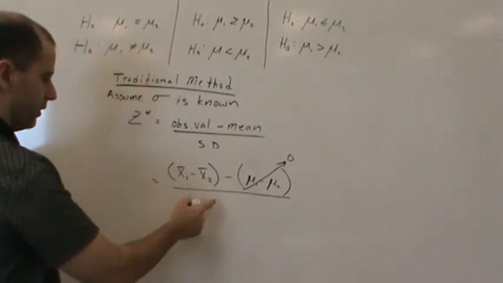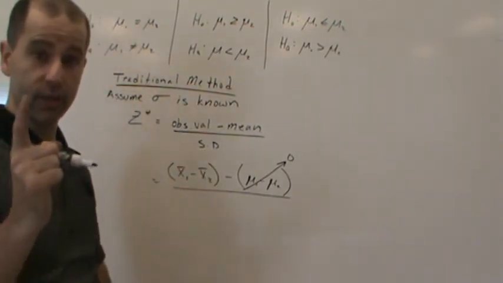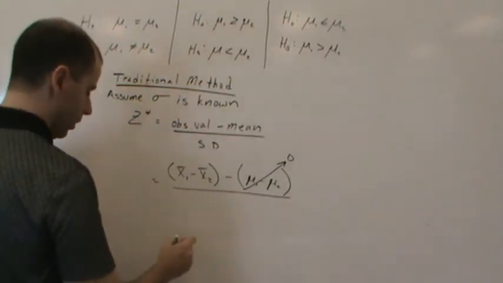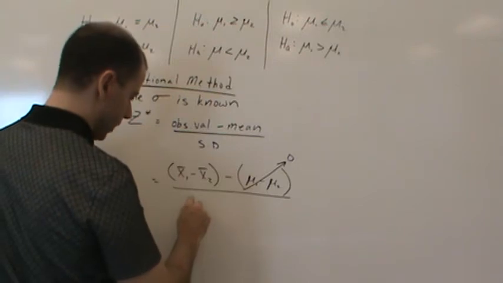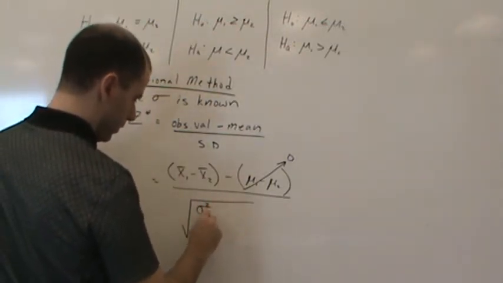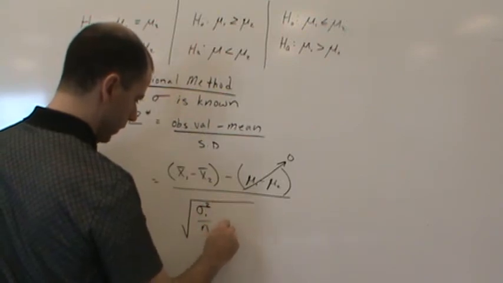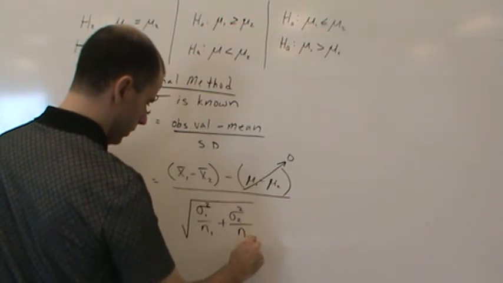And then, of course, the standard deviation is the one we just derived, or at least I showed you what it is: the square root of sigma 1 squared over n1 plus sigma 2 squared over n2.